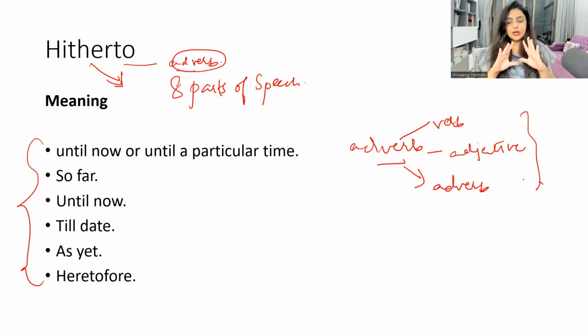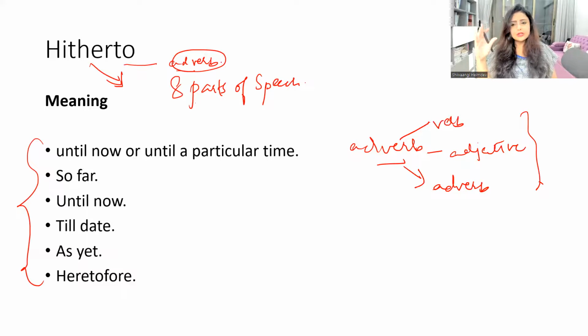So if it is describing the verb in any sentence, then of course you will find hitherto placed near the verb. If it is describing the adjective, you will find hitherto placed near the adjective, and so on. Okay, so now let's look at different example sentences.